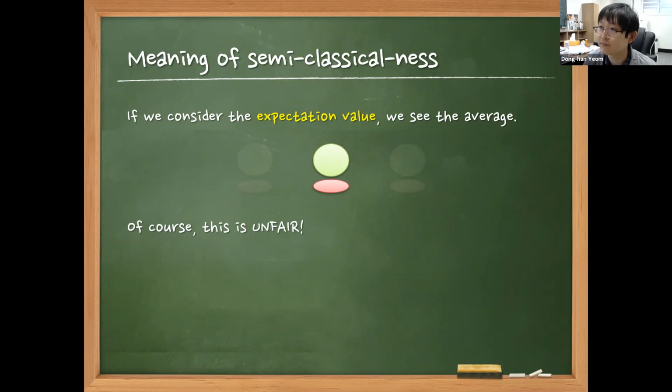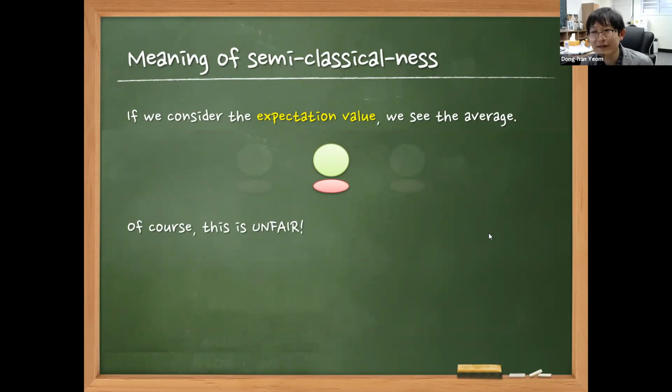So if we consider the expectation value, we will see the average back reaction due to the average contribution of the energy momentum tensor. However, you may feel that it is unfair because the quantum fluctuation is either on the left side or the right side, but if you average out everything, the contribution is only at the center. So you may say that this is unfair.